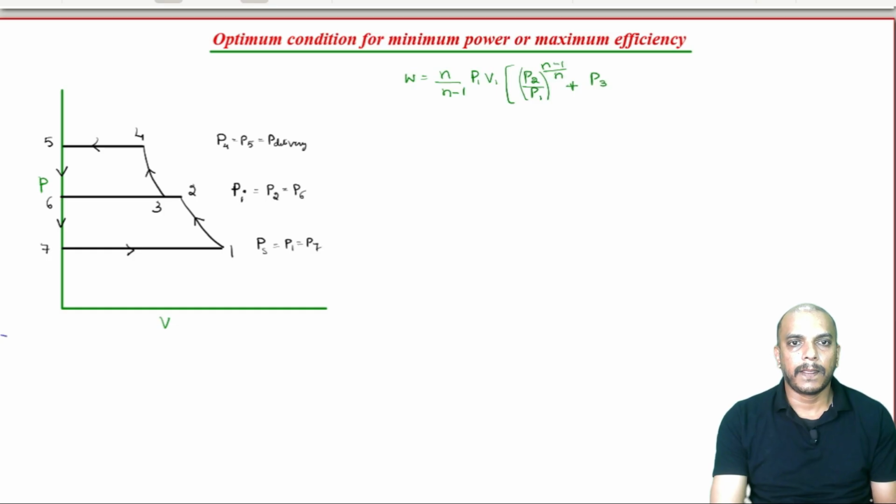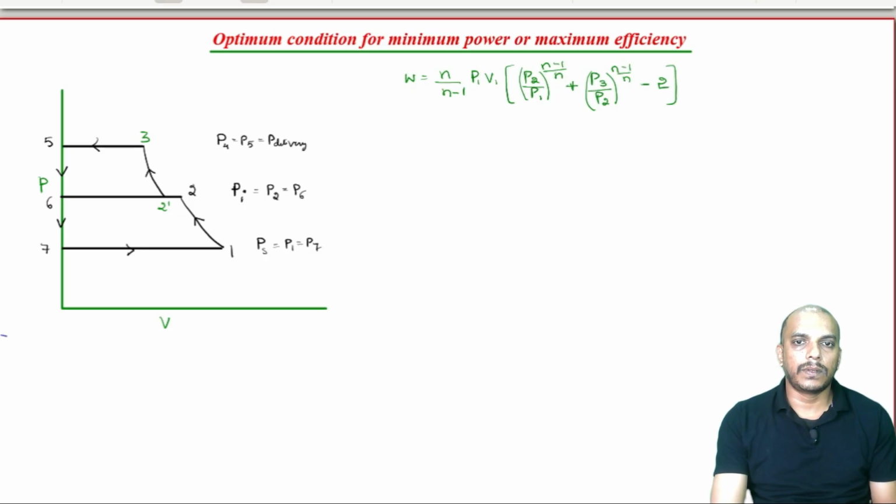I mean to say the second pressure ratio, P3 by P2, let us call this point 3, and this 2 dash otherwise. So, this is our expression for two stage compression work transfer.